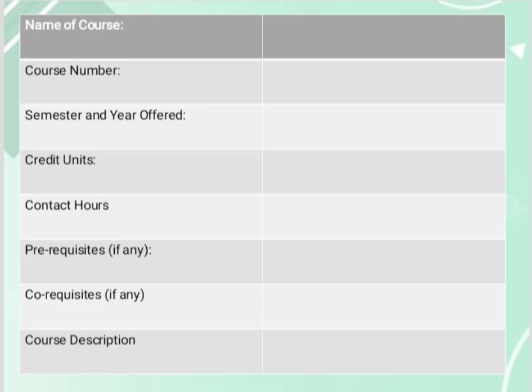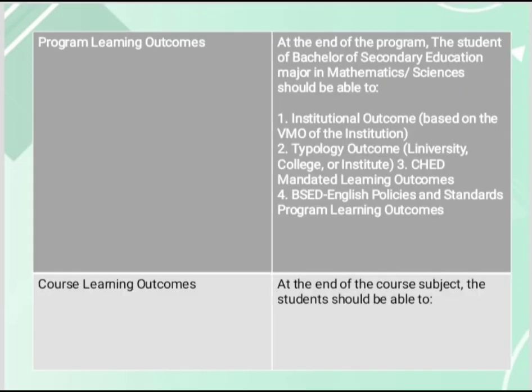So we have this template. In syllabus, meron ang name of course, halimbawa microbiology and parasitology or Bio 4, and course number, semester and year offered. So semester, second sem, halimbawa, and for third year. So credit units, halimbawa sa microbiology, we have 4 units, and then requisites and more, and program learning outcomes, and also the course learning outcomes.